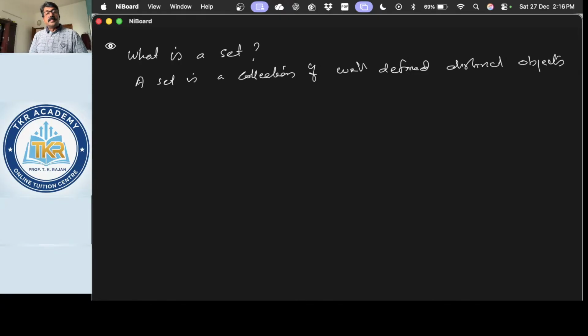Consider the set of all alphabets in a word, something like mathematics. You can consider the collection of all alphabets in the word mathematics. If you pick up the alphabets, you can see that M is a letter, A is another letter, T is another letter, H, E. Then the second M is taken, so we take only once when we write a set.